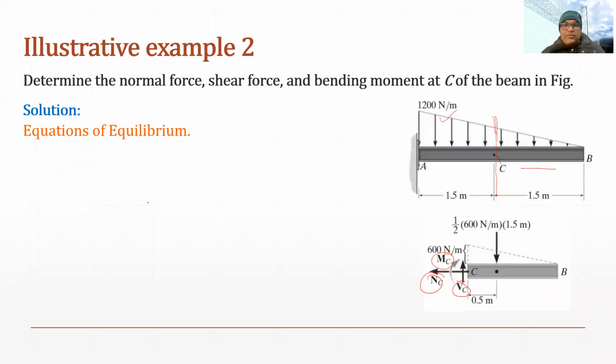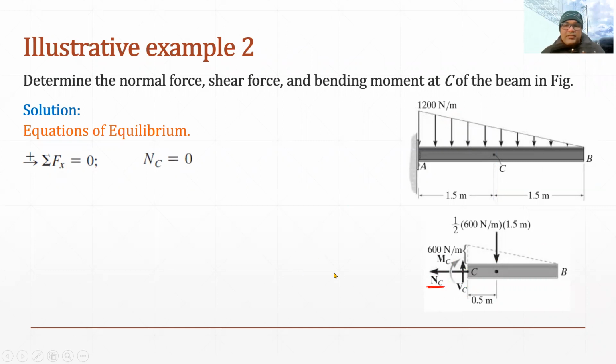So here we will use the equations of equilibrium. The first equation is summation of Fx equals 0. In our free body diagram, there is only one force, which is NC, so it will be 0.